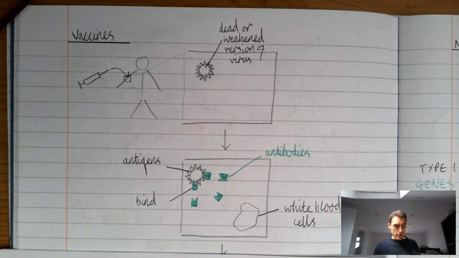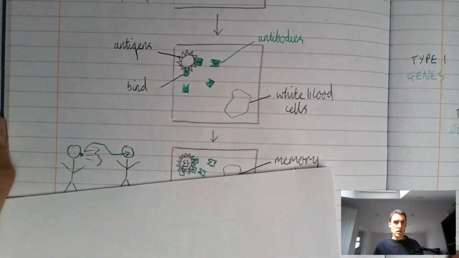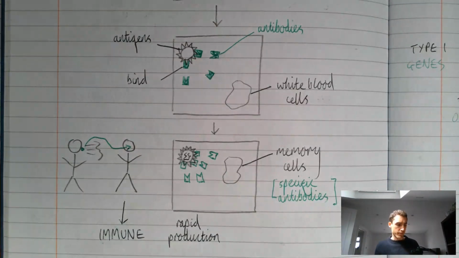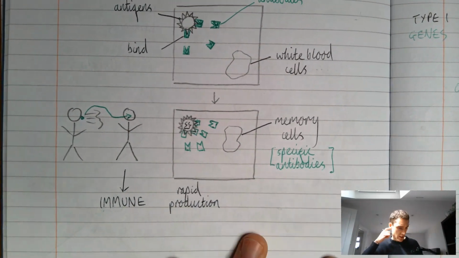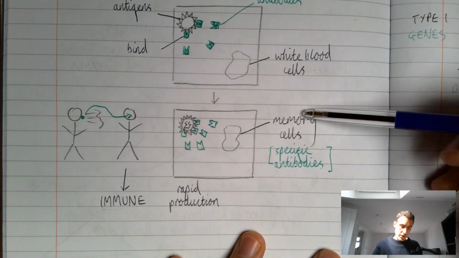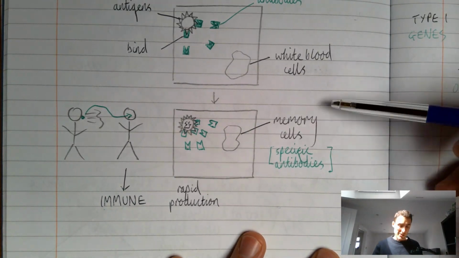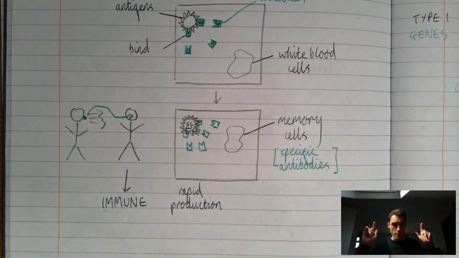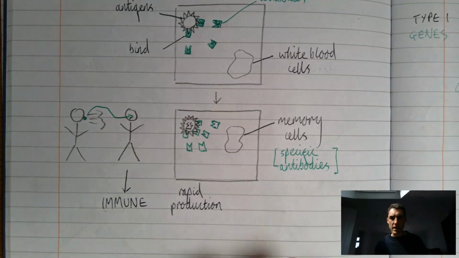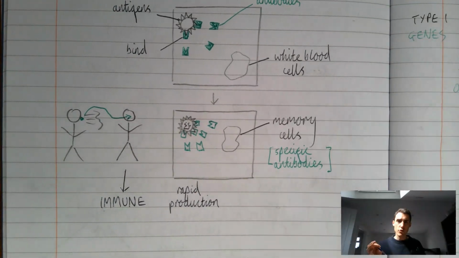And then after that we have memory cells. You can use more sophisticated language like lymphocytes if you wish. But the point I want to stress to my Key Stage 3 students is that these memory cells, which are just more white blood cells, remember. We're personifying a little bit there, but they can rapidly produce these specific antibodies for that antigen.